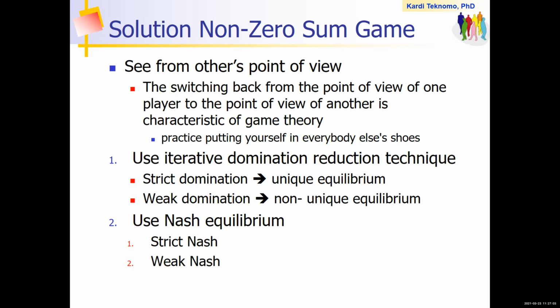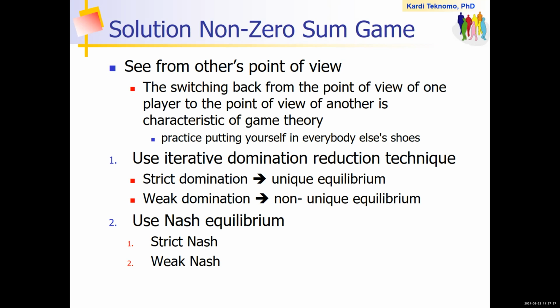By doing so, you actually put yourself in everybody else's shoes. This is the main lesson of game theory. If you want to win, you need to know the point of view of the other players.